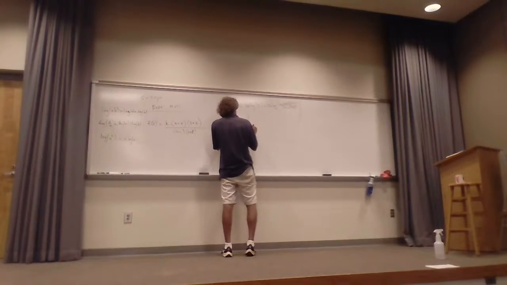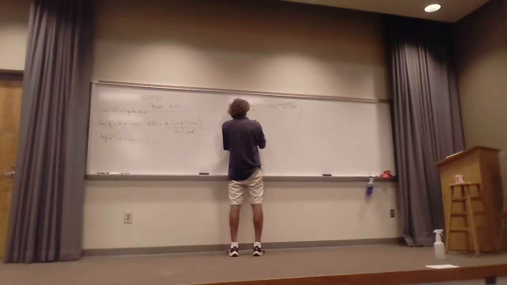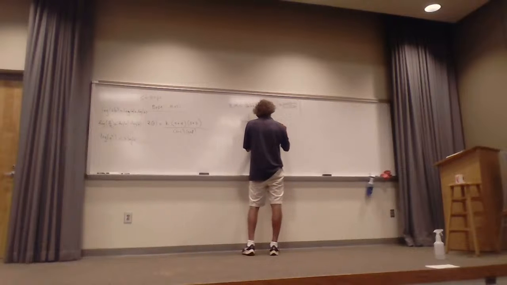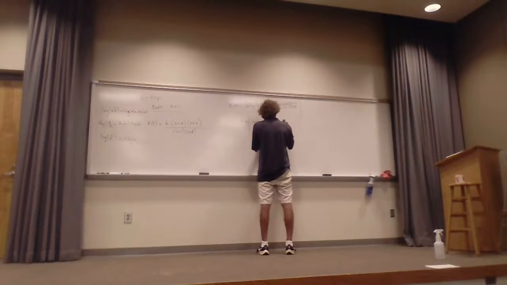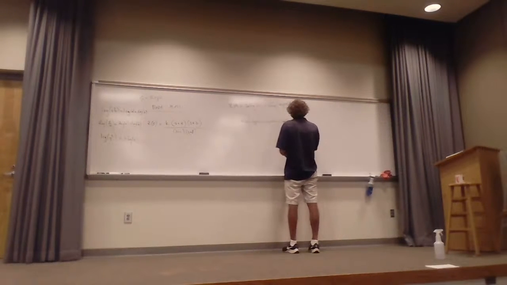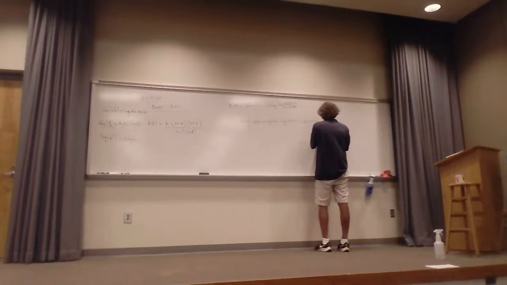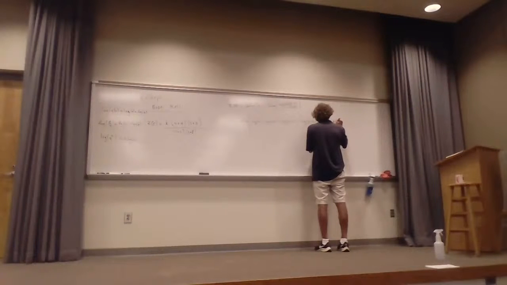And then I'm going to say it's 20 times log of K, right there, plus log of S plus A, plus log of S plus B, and then it's going to be minus log of S plus C minus log of S plus D.